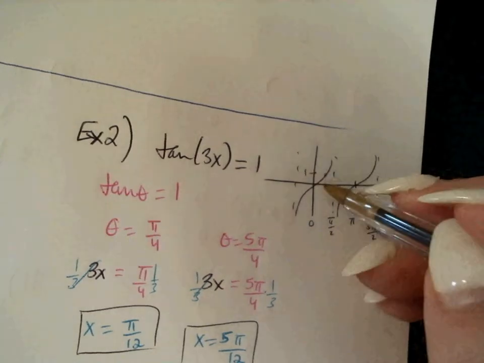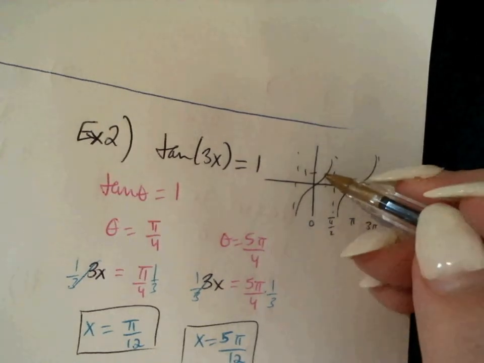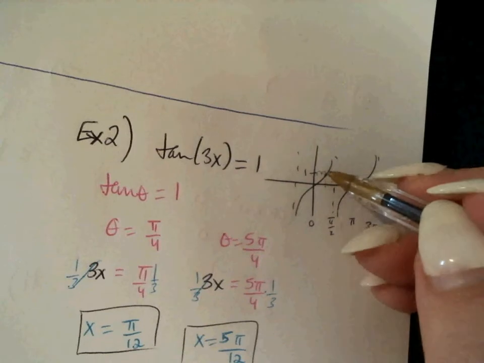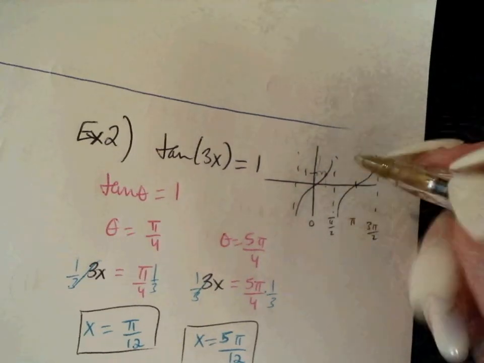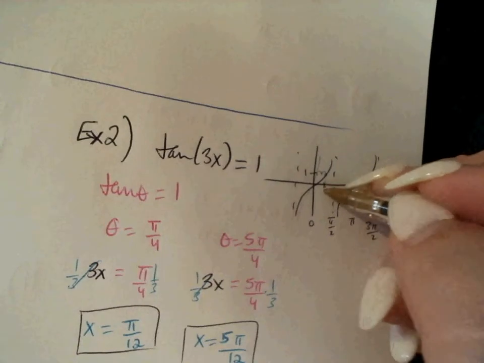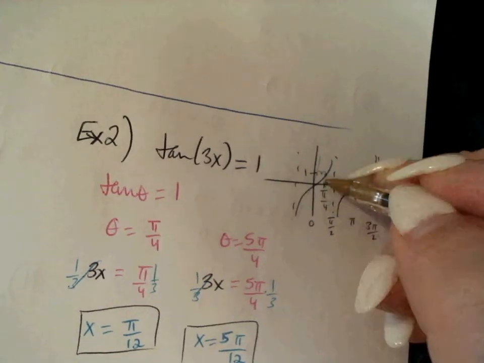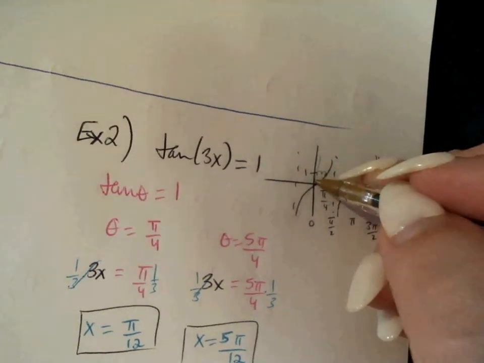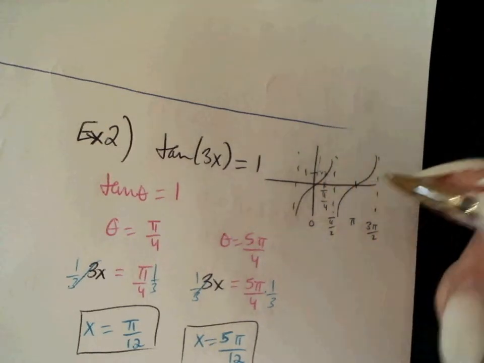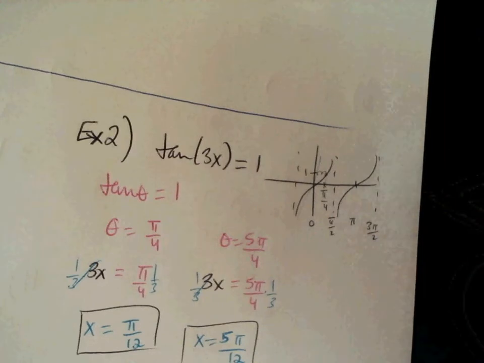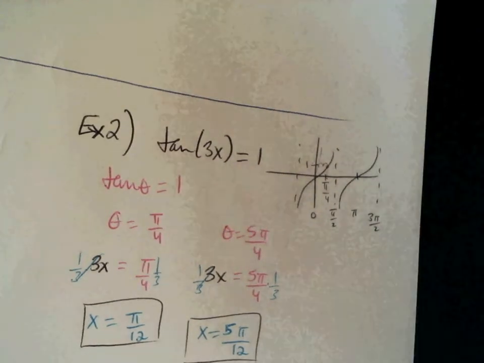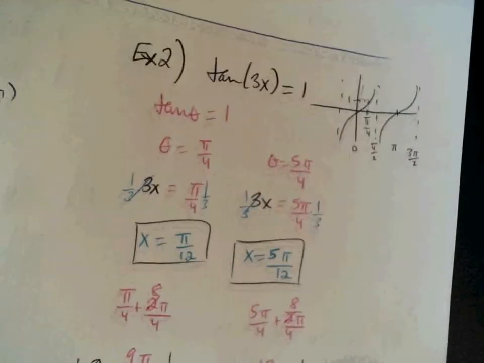It equals 1 normally. But now you compress that by a third, and so the waves are much thinner. Instead of where it normally hits 1, which is pi over 4, it's now pi over 12. But then that means you're going to have a lot more waves between 0 and 2 pi anyway. So, there you go.